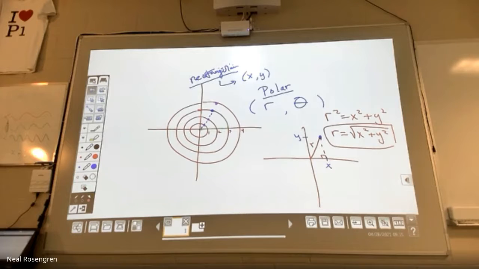That thing that's boxed in there, we're going to use that. We don't even need the plus or minus because r is a length, so I just have the positive version of the square root. So give me an xy, and I have to find r, theta. Boom, there's r.